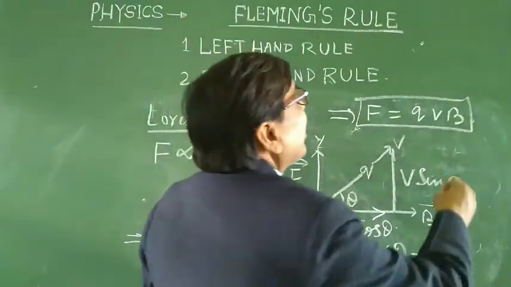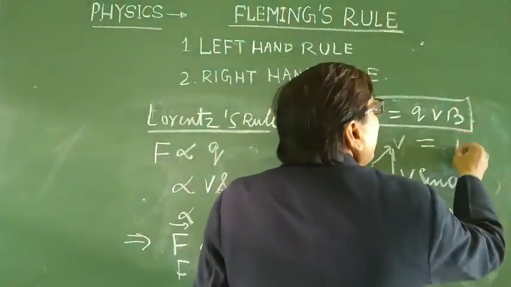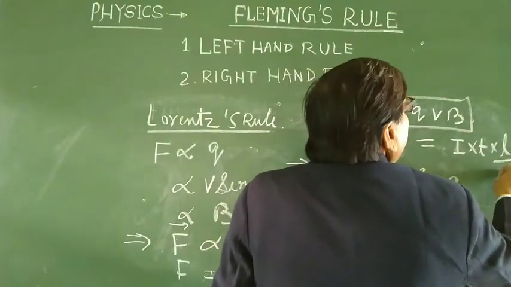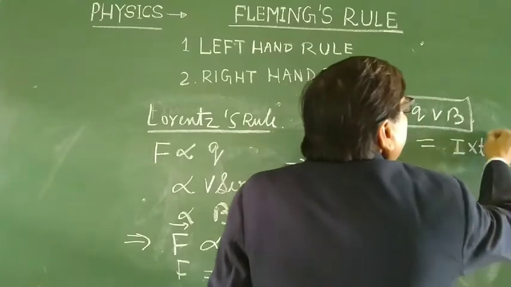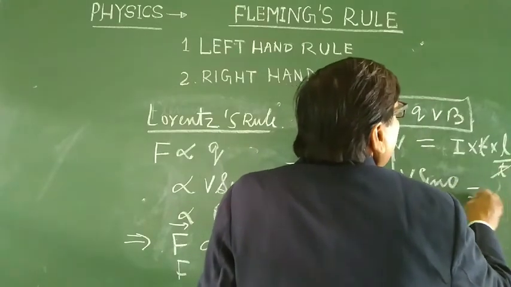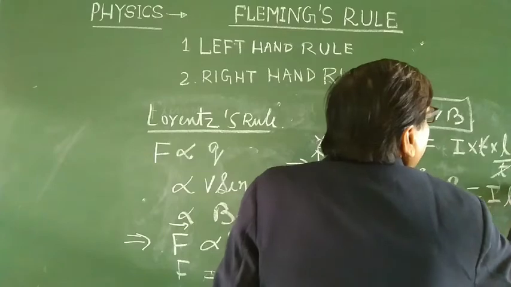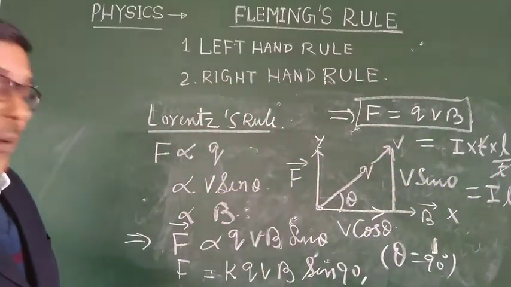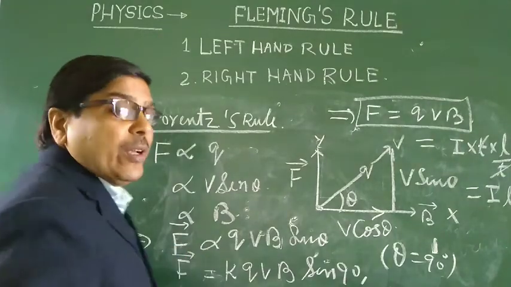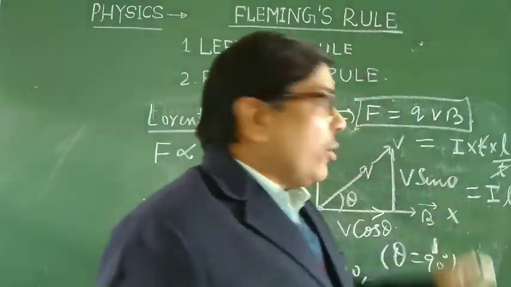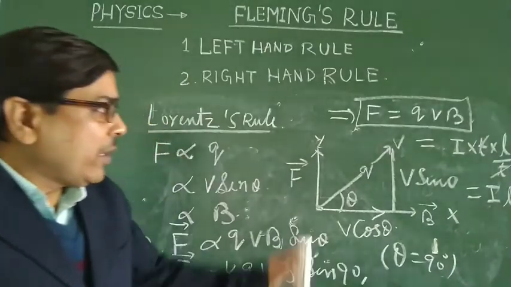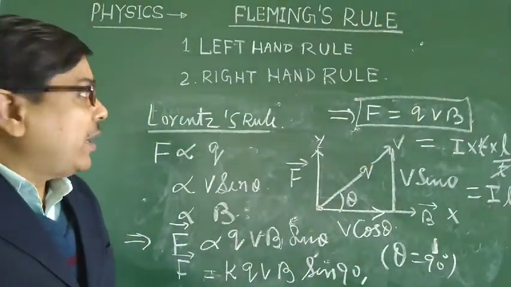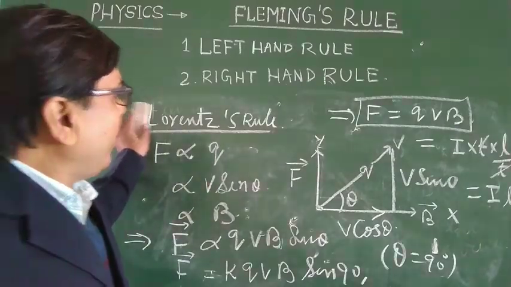That is, we can write Q is equal to I T, that is I times L by V, into V. So the value is I L B. Finally, this is the magnitude of the force which can be calculated on a current carrying conductor placed in magnetic field. So this is related with those rules.